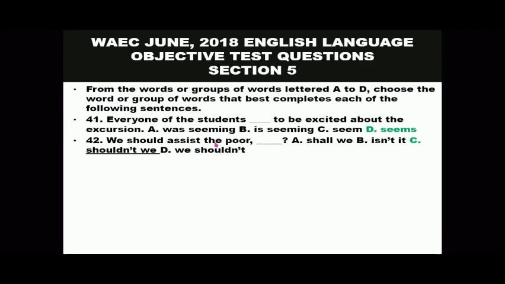And the rule being tested here is that when you have an auxiliary verb in the main statement, then this auxiliary verb is usually repeated in the tag.